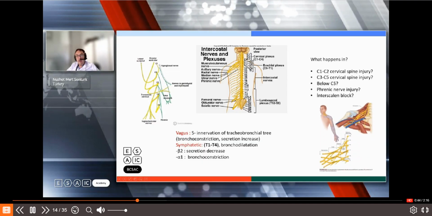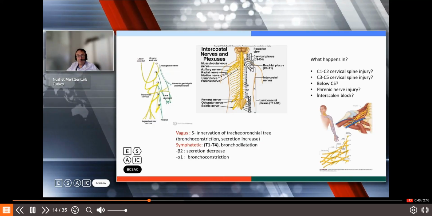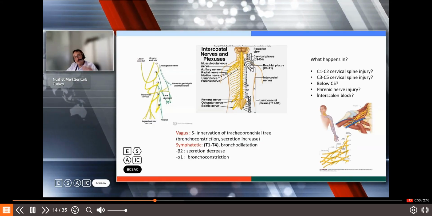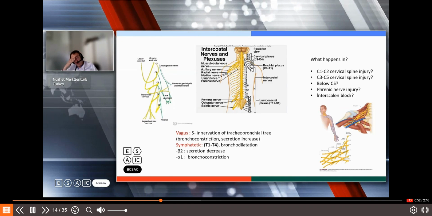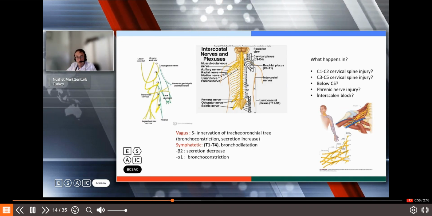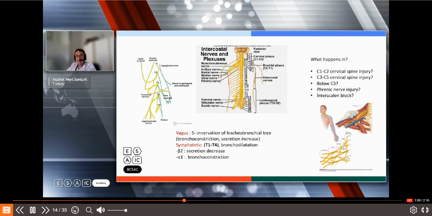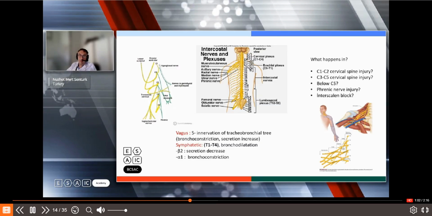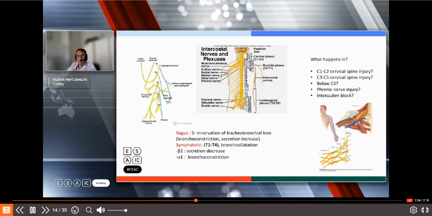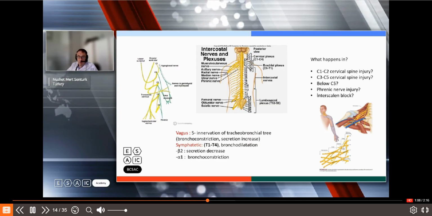If we have a cervical spine injury at the C1 to C2 level, continuation of spontaneous breathing becomes impossible. If we have an injury at the C3 to C5 level, there can still be some inspiratory effort, but it would probably need some support.